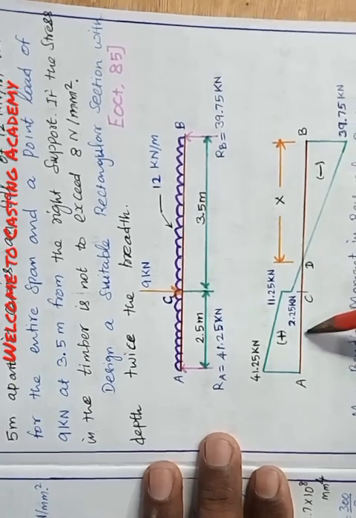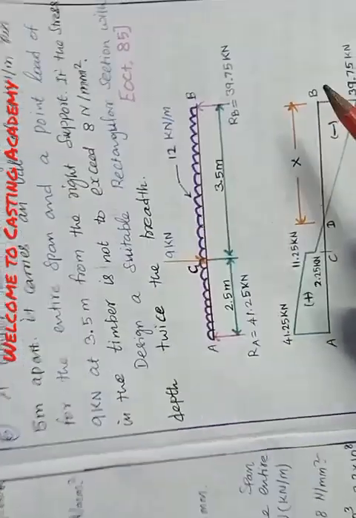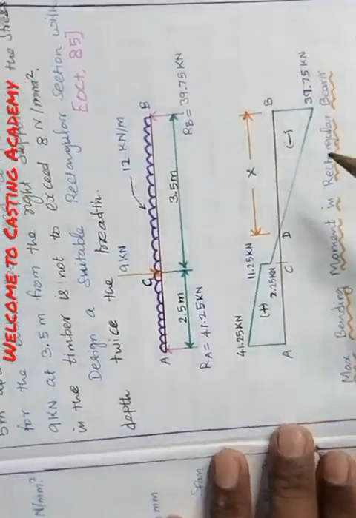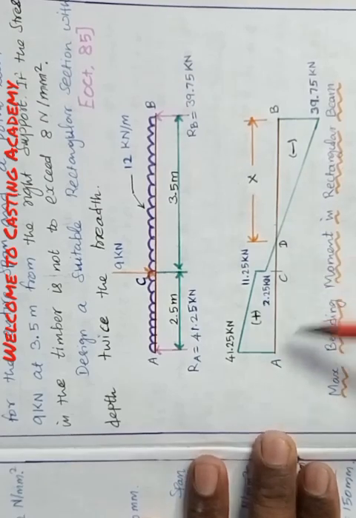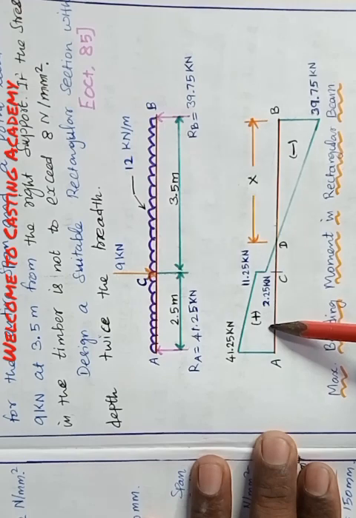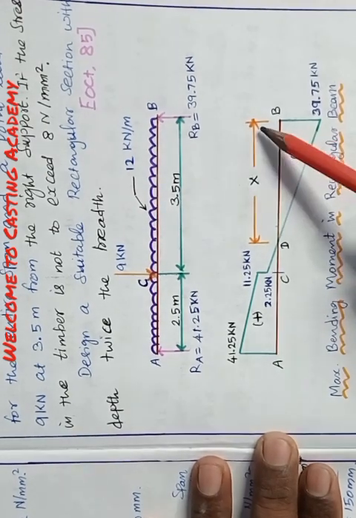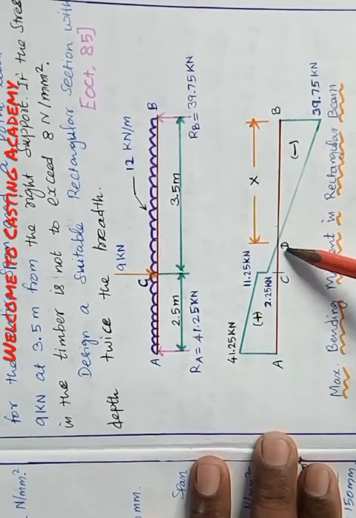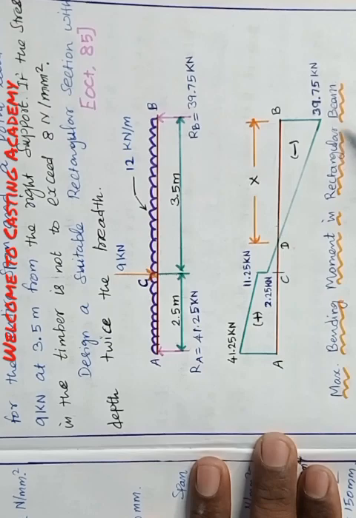Next, this one is the shear force diagram. Positive shear force and negative shear force at distance x, the point is D. So maximum bending moment in the rectangular beam.